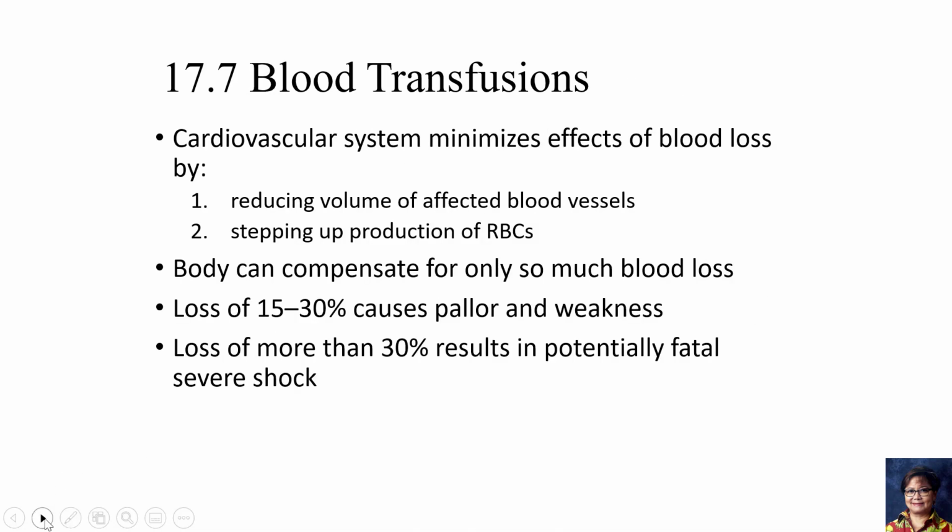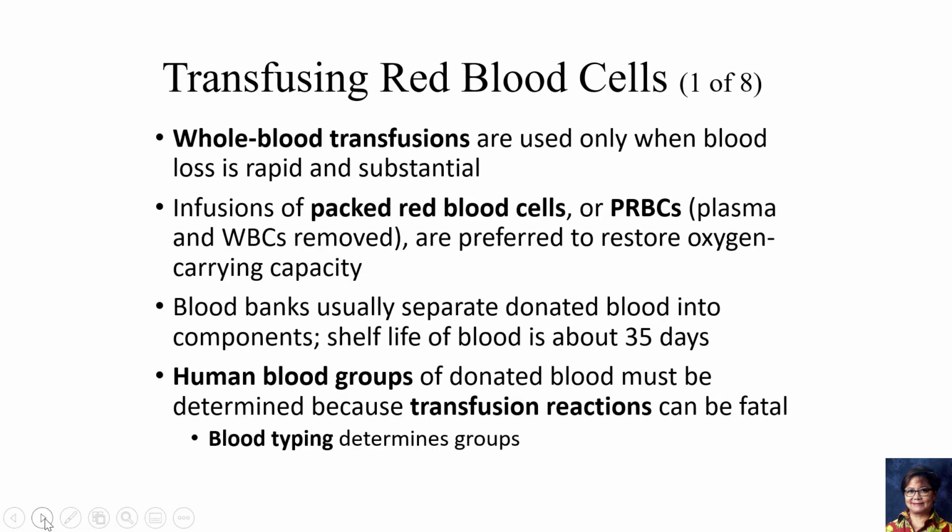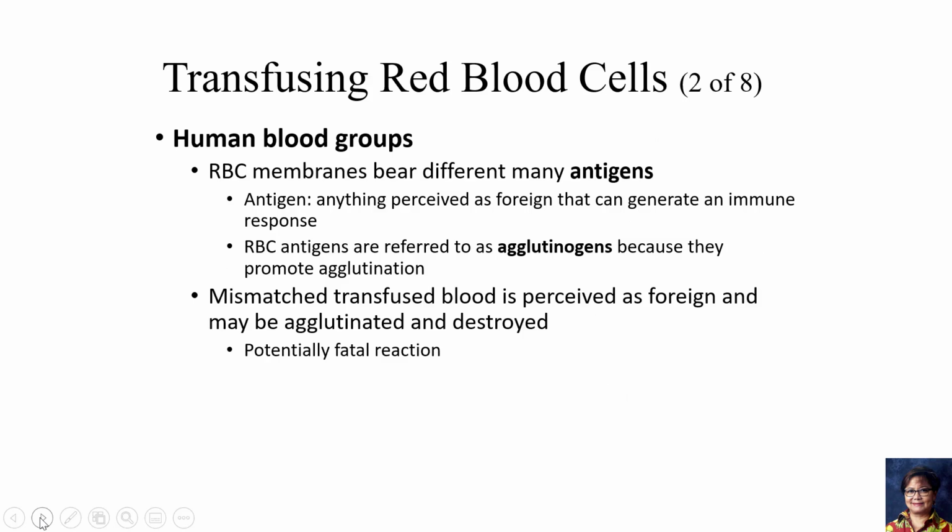And we're going to get into something that is probably going to be part of your exam in the lecture, which is blood compatibility by learning the human blood groups, blood typing. You've done blood typing in the lab, and I'm just going to zoom right into blood typing.